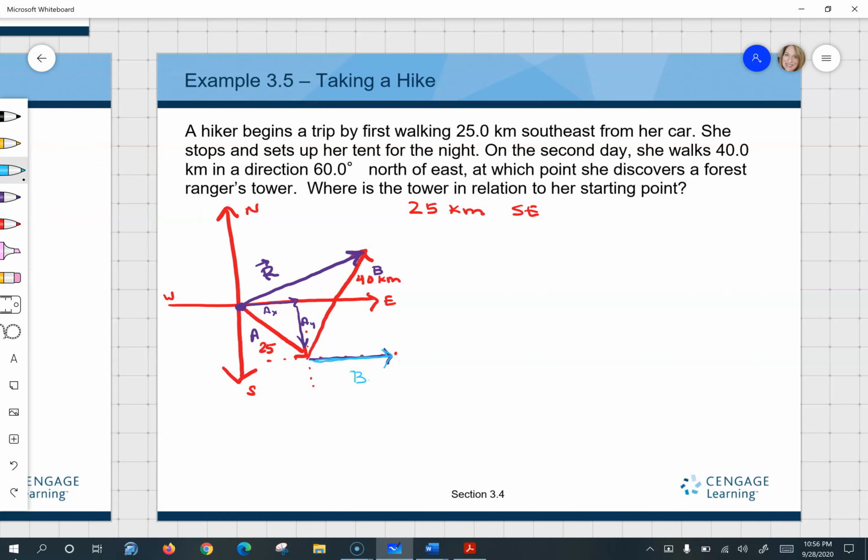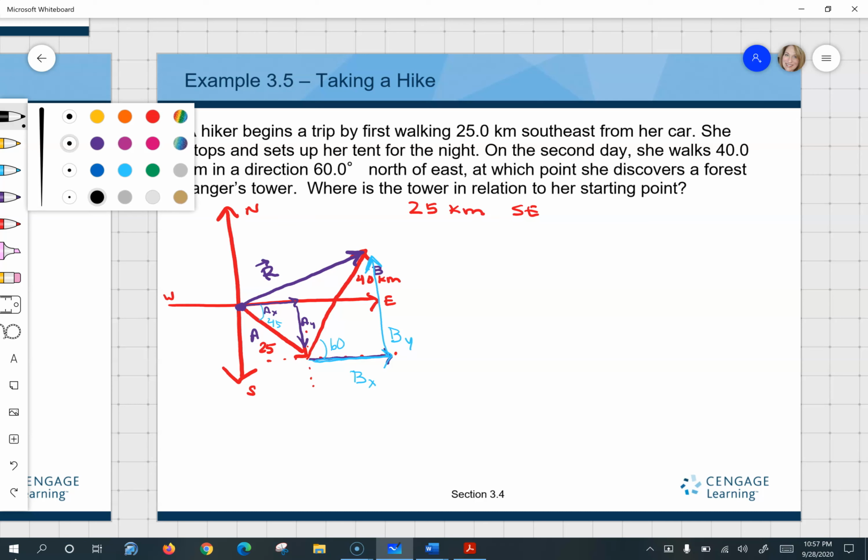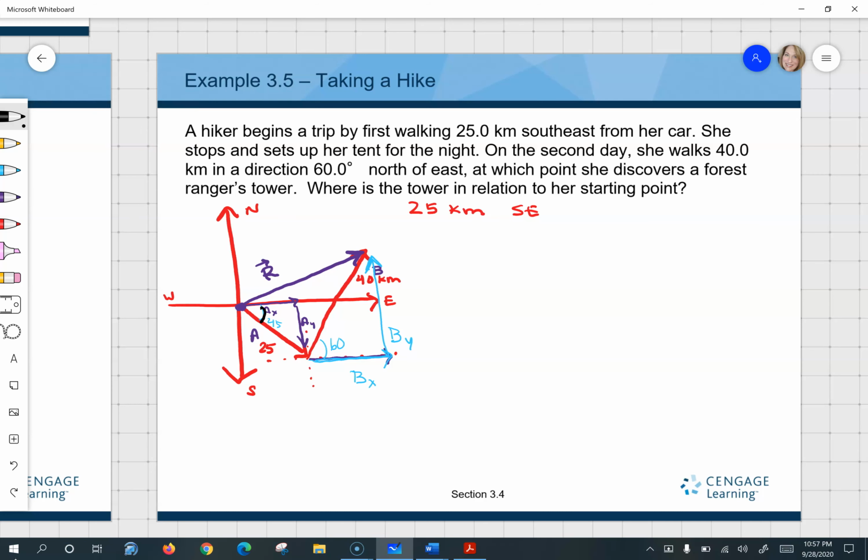Here's my Bx, and then my By. How do I find this component? Well, this is 60. This is 45. Use your trig functions, and if you have your angles right around the x-axis, you're good.